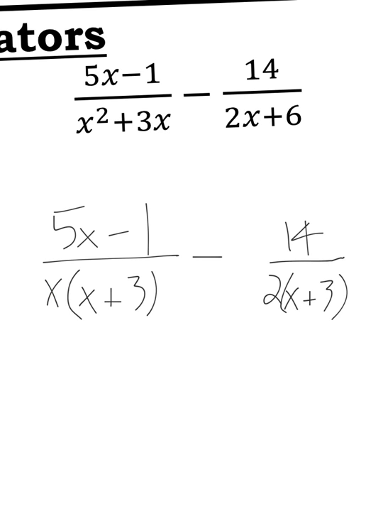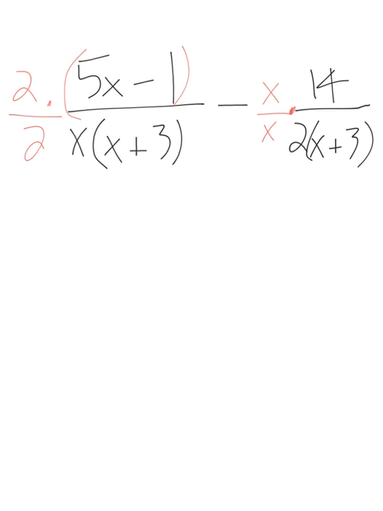So that means I need to add in a 2 over 2 on this one, and then I need to multiply in an x over x on this one. And so by doing that, they have a 2 and x plus 3, a 2 and x plus 3. So my denominators are now all the same. All I need to do is distribute and then see if I can simplify anything.